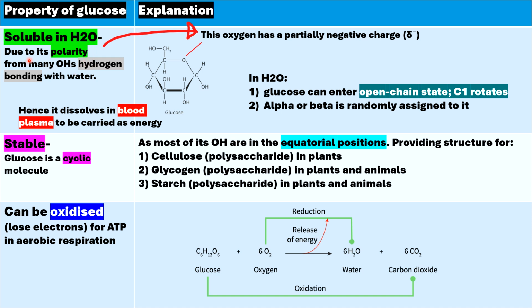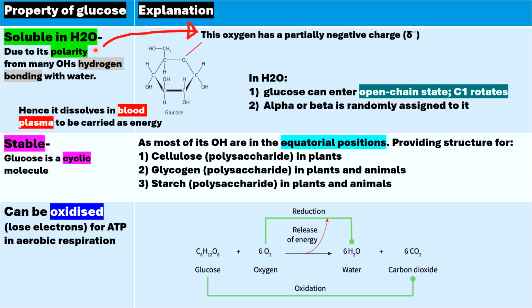Check it out so you understand polarity. So this is because of its polarity from many hydroxyls, hydrogen bonding with the water. Okay, so these hydroxyls form hydrogen bonds with water. So these two things are going to cause the solubility of glucose in water.